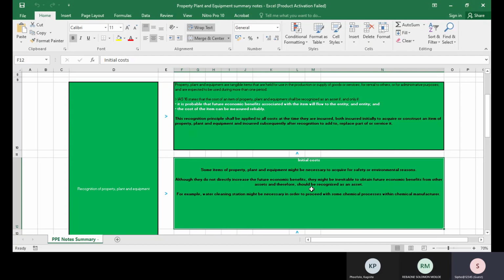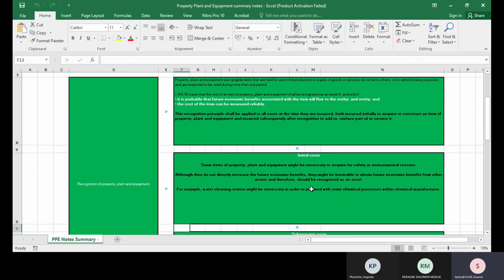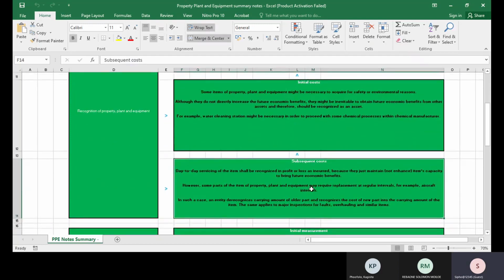But the water cleaning station assists the plant to produce chemicals so that they can be sold. You understand? So in that case, those items also must be recognized as an asset. That's what they mean.